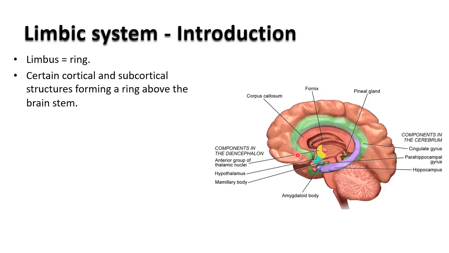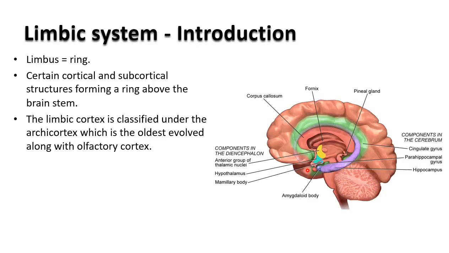So with respect to the cortical part of the limbic system, what should come to your mind is your cingulate cortex, and also some other cortical matter situated here, that consists of your olfactory cortex, so entorhinal area and piriform cortex. I am not going into much detail about the olfactory cortex, I've just touched upon certain structures.